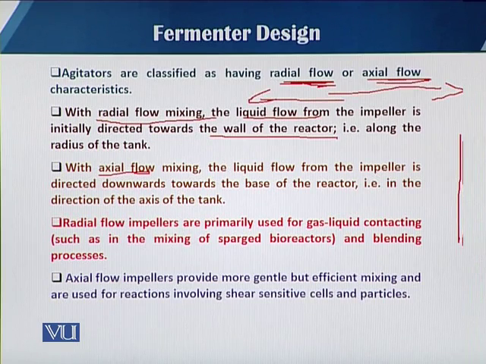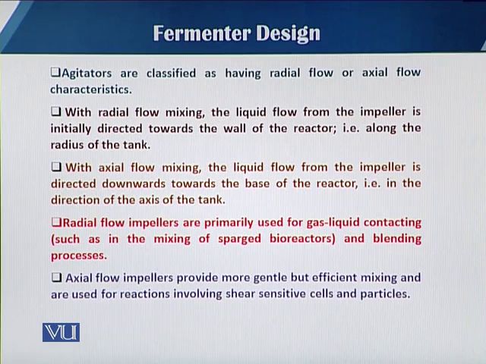So radial flow impellers are primarily used for gas-liquid contacting, but axial flow impellers provide more gentle but efficient mixing. We will talk about the details with a graphical representation of both radial flow and axial flow.